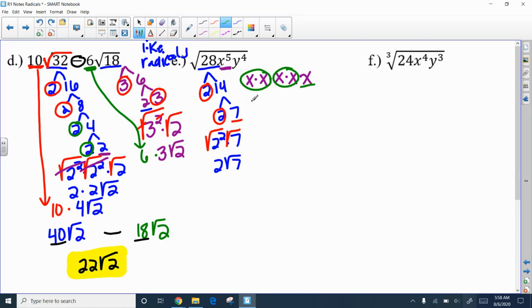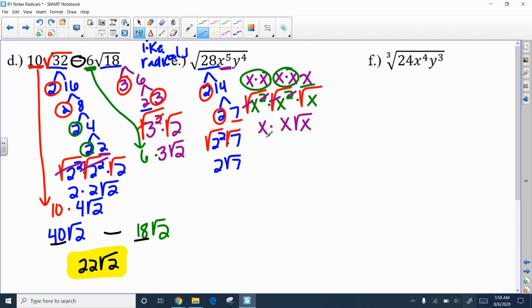So if you like, you could write it as x squared times x squared times x. And because these are all under a radical, the ones that are squared simplify. So on this one, the square root and the square get rid of each other, and we're just left with x. Same thing here, the square root and square get rid of each other, and we're left with x. Notice now these are not under a radical. This x, since it was not squared, is still under the radical.